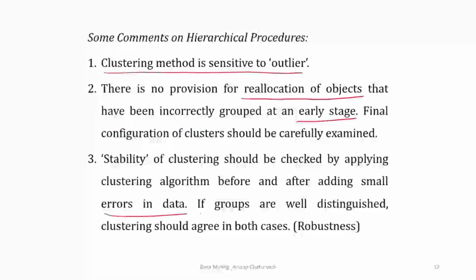So, if the groups are well distinguished, clustering should agree in both the cases, and this property is also called the robustness. So, in that case, if the groups are well distinguished and the clustering remains unchanged when you add small errors in data, then you can say that your clustering is robust.